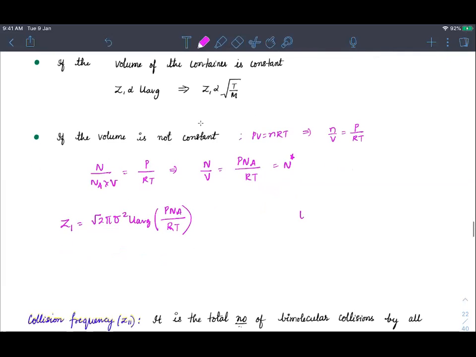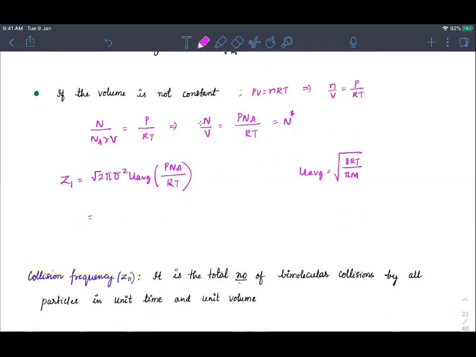U average we already calculated as 8 RT by pi M. So if I substitute that here, Z1 will be root 2 pi sigma square under root of 8 RT by pi M multiplied by P into Na by RT, which implies Z1 is proportional to, watch carefully, P by root T. This question has already come in JEE.